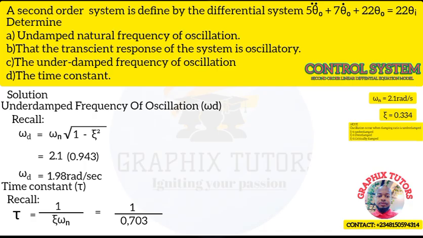When you look for the inverse of 0.7014, our time constant tau is 1.43 seconds. So this is what we have. You need to understand that this is how you go about this particular question.